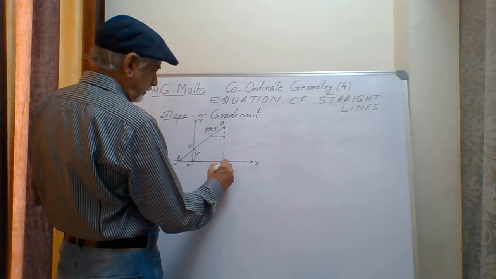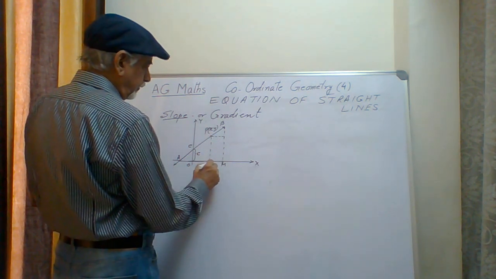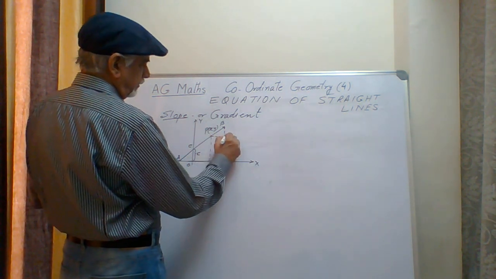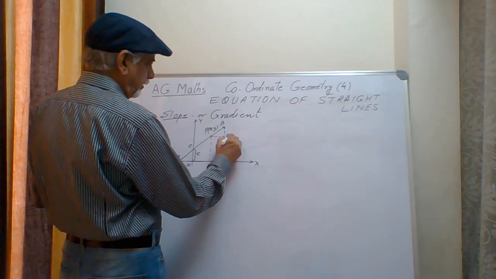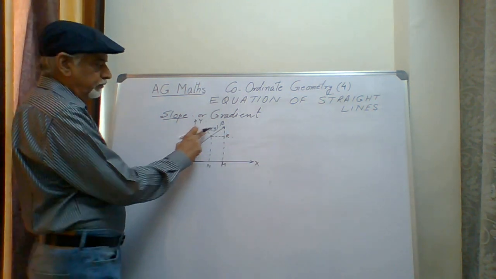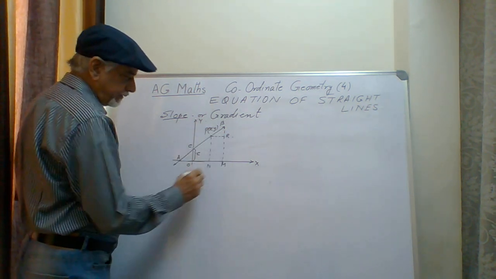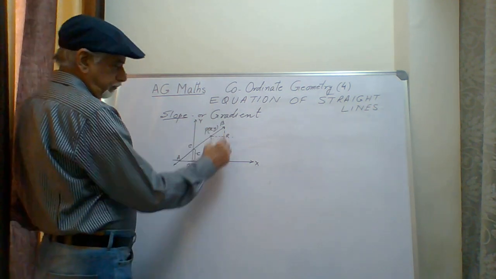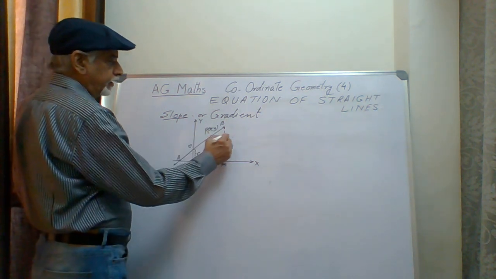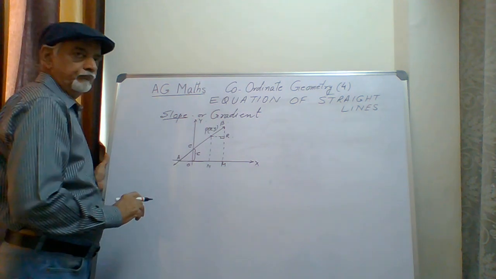So BM, PN, and say it is PR. So I have taken a point P here whose coordinate is (x, y) and drawn perpendiculars onto the x-axis like PN, BM, and PR is the perpendicular from P point onto BM.